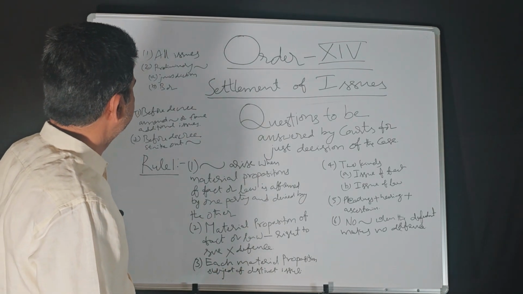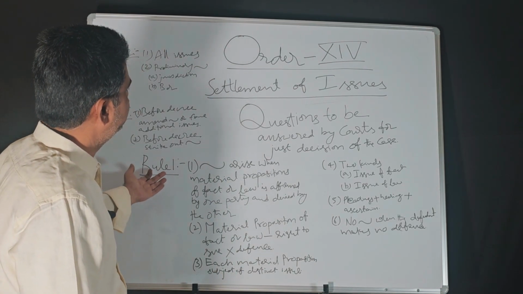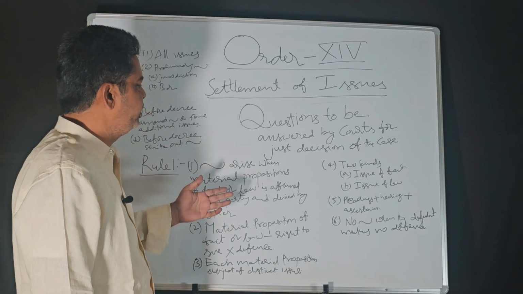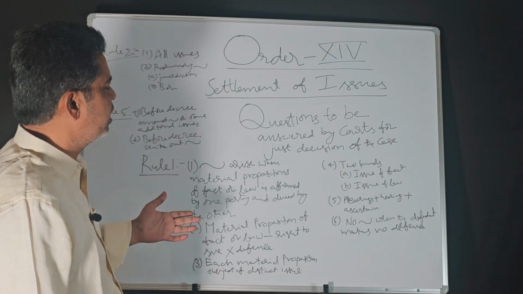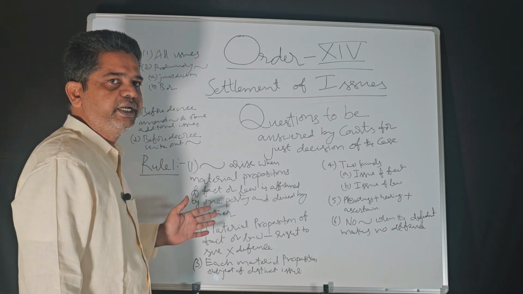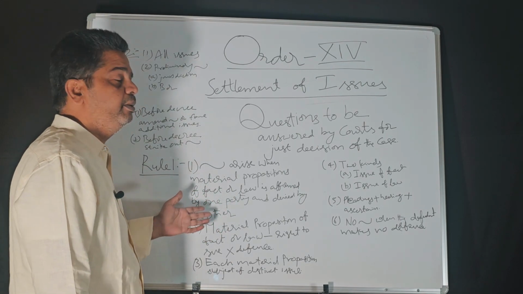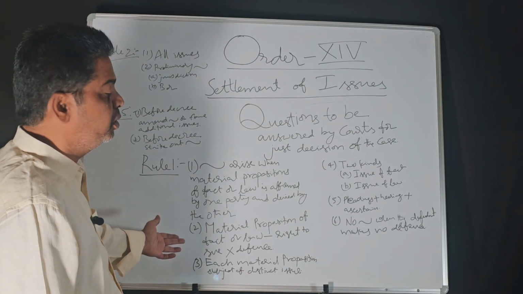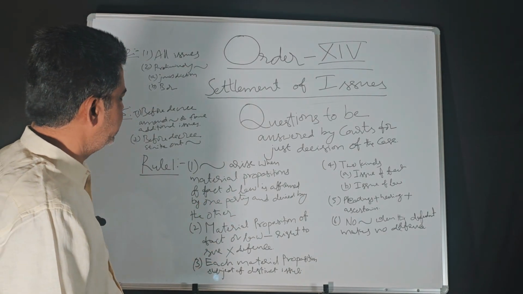Rule 1 of Order 14 says that issues arise when the material proposition of a fact or law is affirmed by one party and denied by the other. Sub-rule 2 defines what is material proposition.